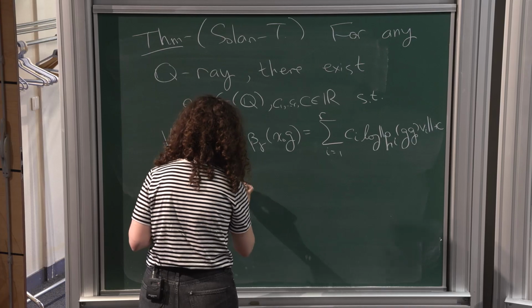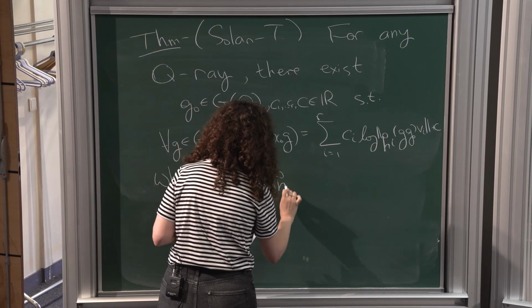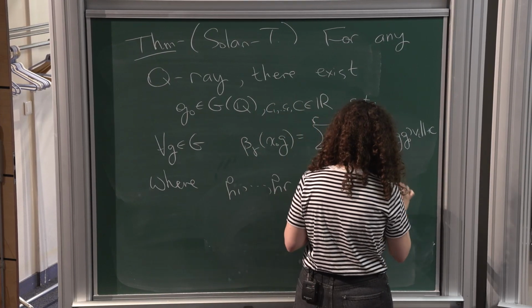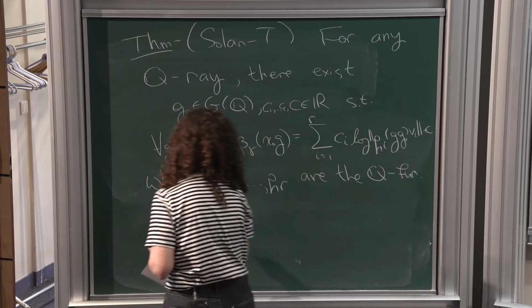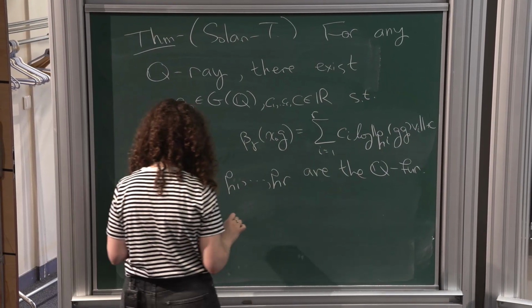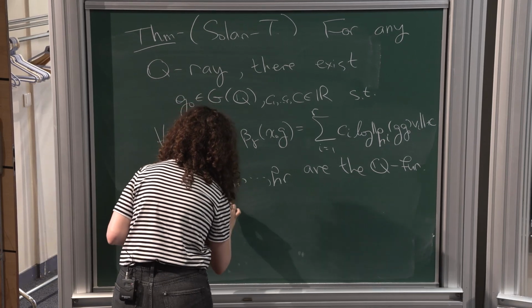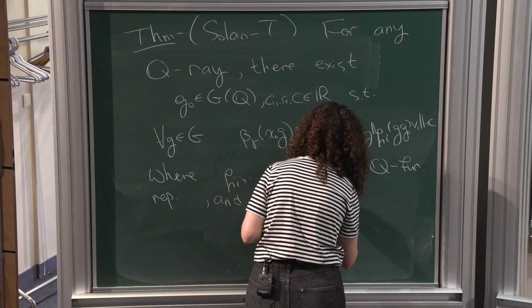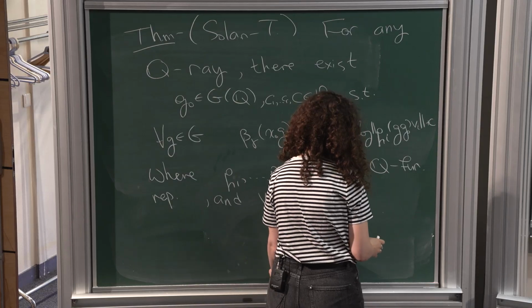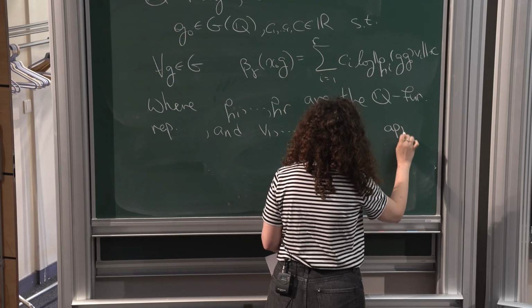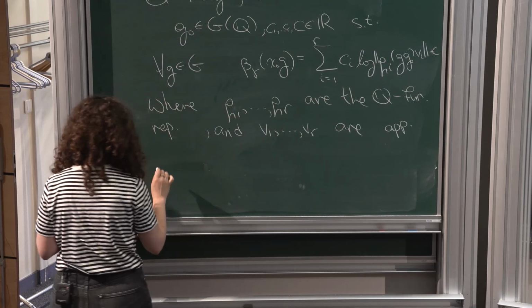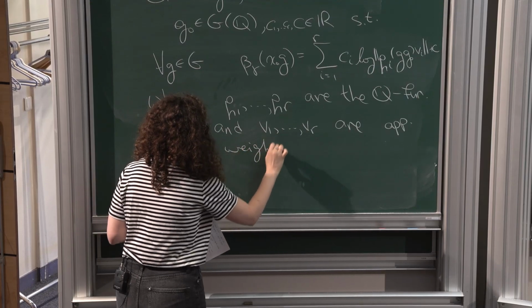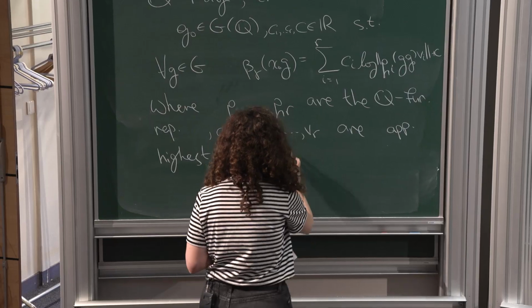Where all of these rho 1 till rho r are the Q fundamental representations, and the v1 till vr are the appropriate highest weight vectors.